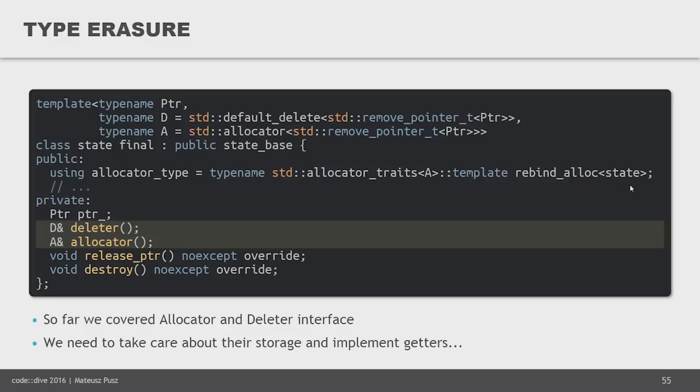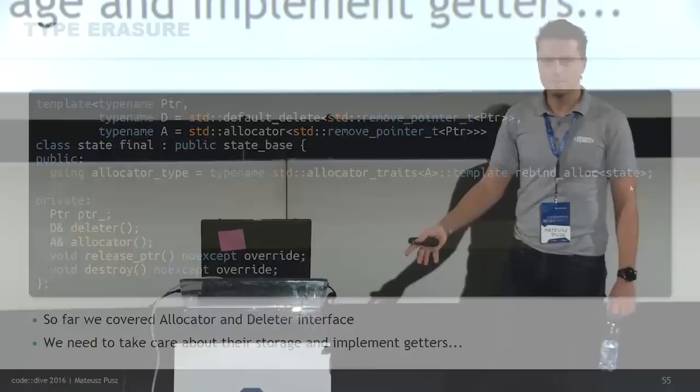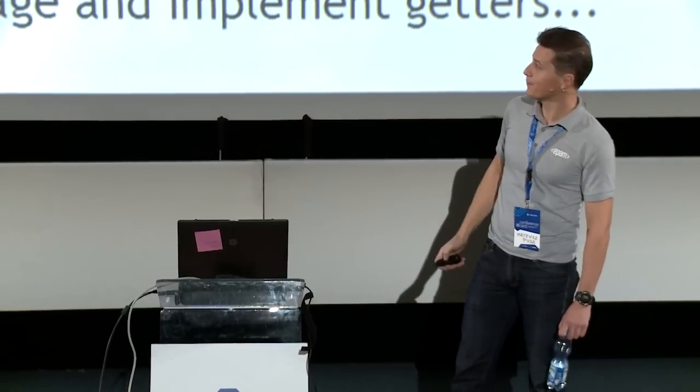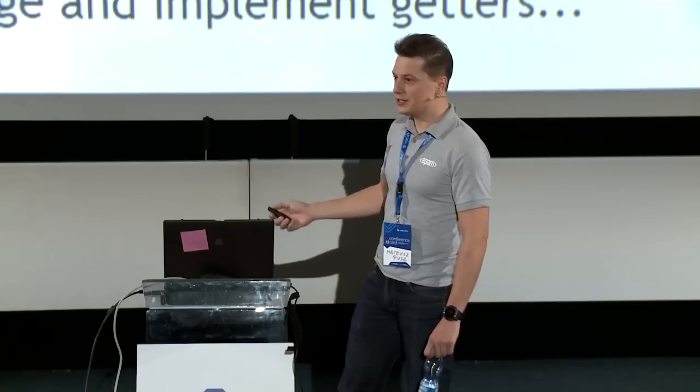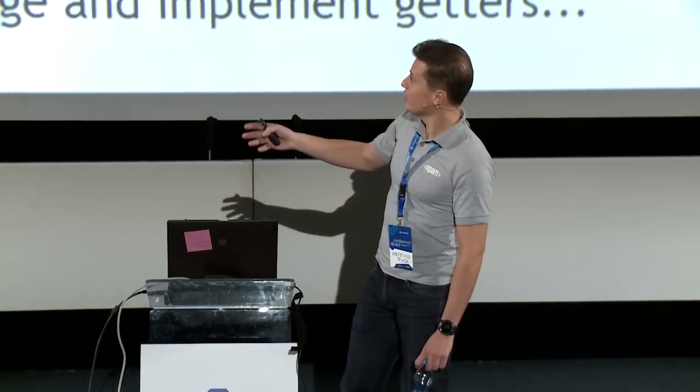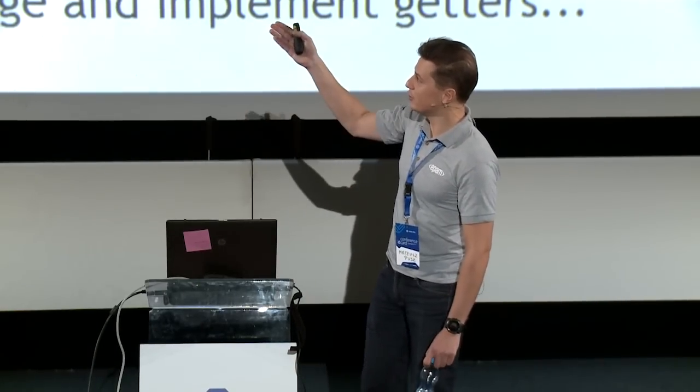So we have to implement those deleter and allocator functions. So right now what we have is the interface. We know about the types, we know about the functions, we know how to use them, but we didn't store the deleter and allocator instance in our state. We have to implement those getters and to store somewhere the deleter and allocator instance. Of course, we could do it the same like this pointer.